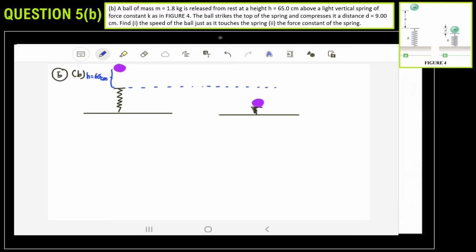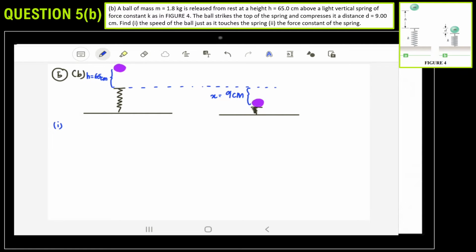Means that here is the amount of compression of the spring, which I put as X, is equal to 9 centimeter. Alright, so now let's read the question first. The first question, we need to find the speed of the ball just as it touched the spring.